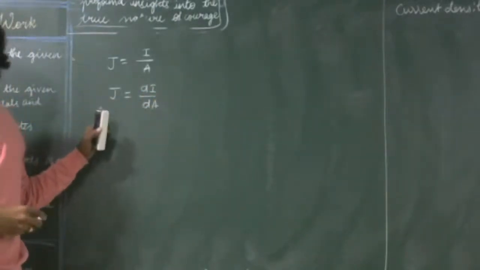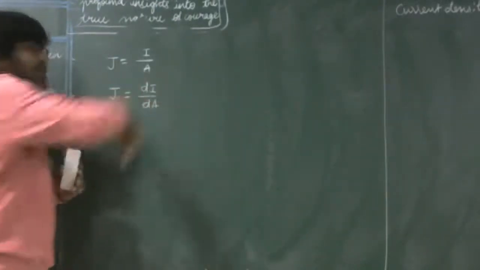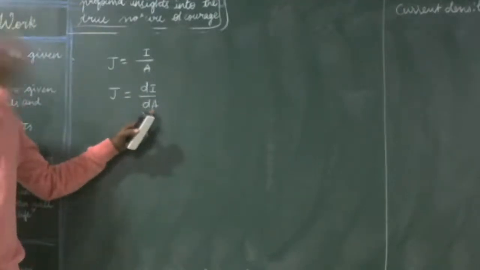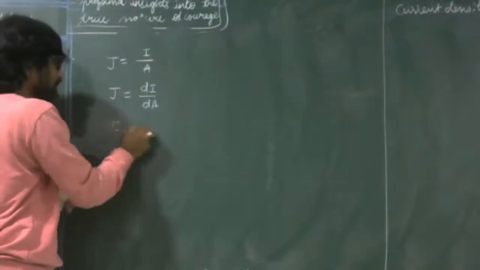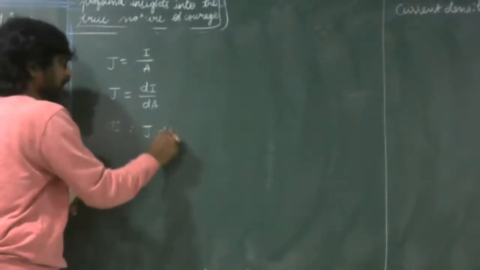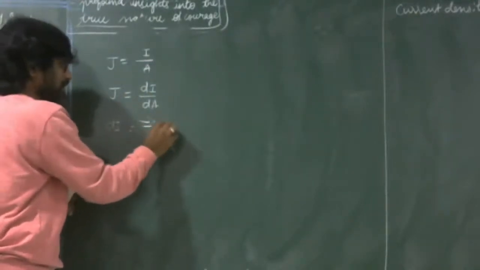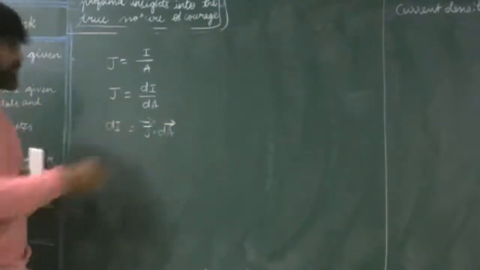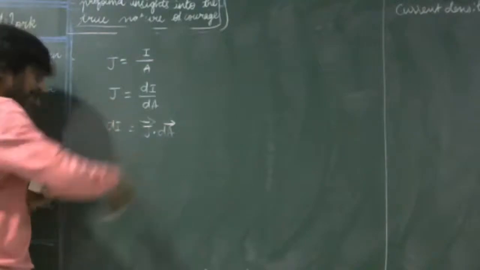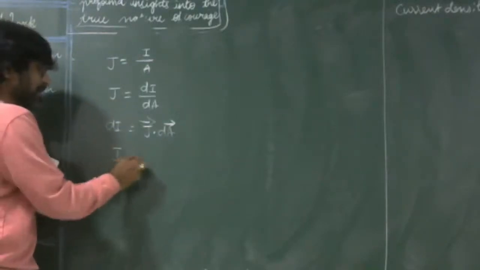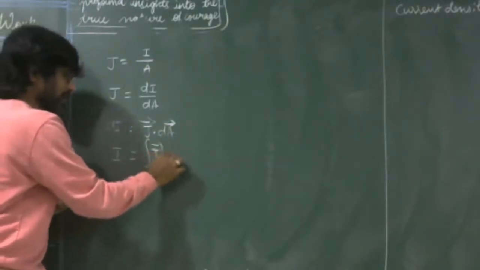And it is a vector quantity, it will be along the direction of the current or the area vector which we are considering. Right? So from this you can also write dI is equal to J dA, or in vector form J vector dot dA vector. The dot product of these two will give you current. If you want the total current through the conductor, then you integrate: I is equal to the integral of J vector dot dA vector.